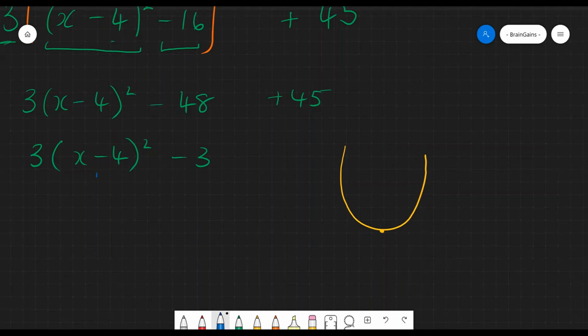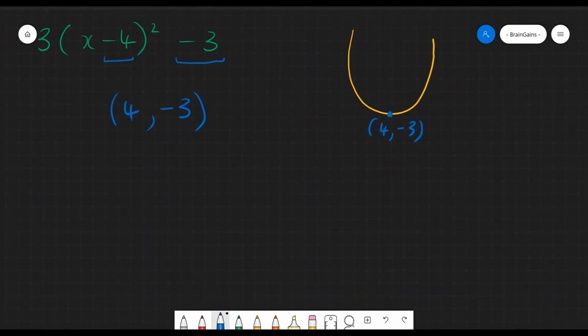Since our constant is negative 4, we take the negative of that, so our x-coordinate becomes 4. And our y-coordinate is the constant term outside of the brackets, which is just minus 3. So the coordinates of this minimum point would be (4, minus 3). So that's one of the uses of completing the square.